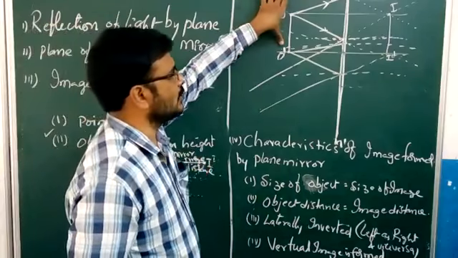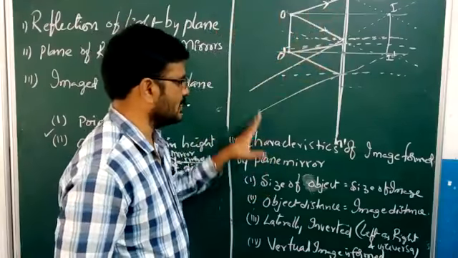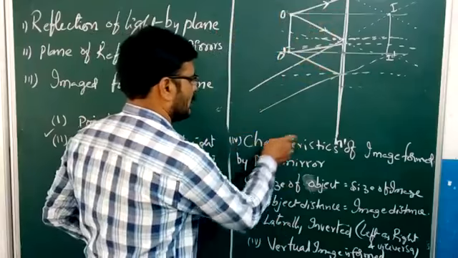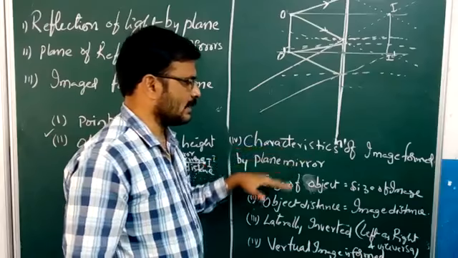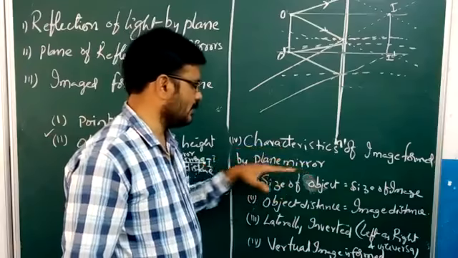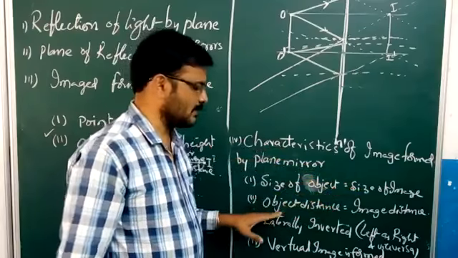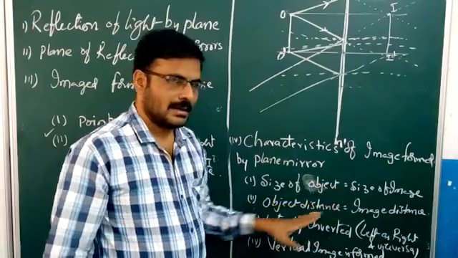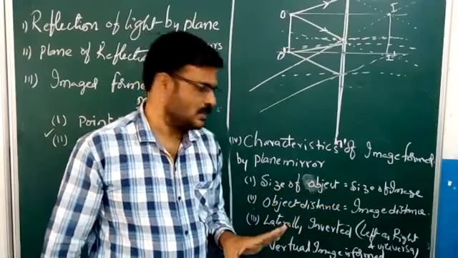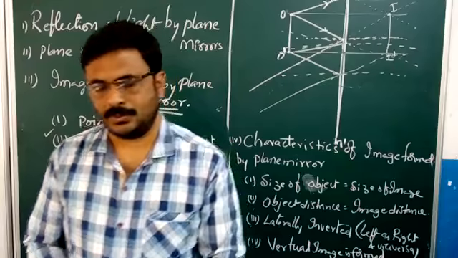Coming to the object of certain height, the same height image is formed. Based on these two, we have written the characteristics of image formed by a plane mirror. That is, size of the object is equal to size of the image, object distance is equal to image distance, lateral inversion, as well as a virtual image is formed by the plane mirror.